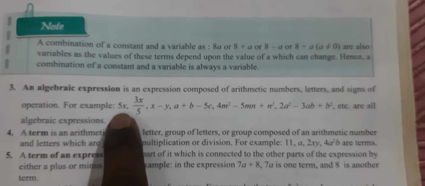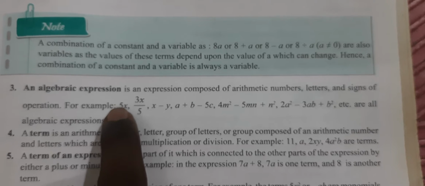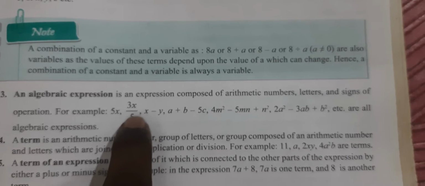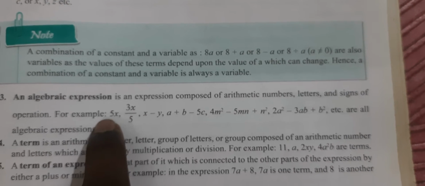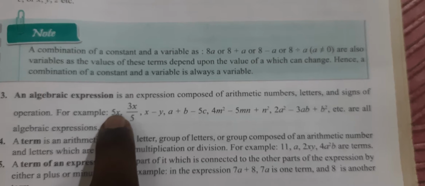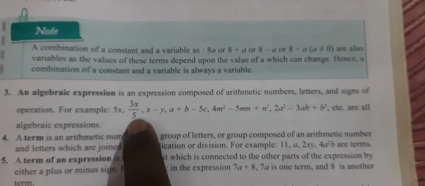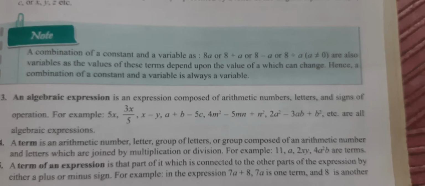For example, 5x is an algebraic expression. It is composed of the constant 5 and variable x. 3x divided by 5. Between 3 and x, and over here also in between 5 and x, no symbol is there, means multiplication symbol is there. And of course here divided by 5, 5 is written in the denominator, 5 means here divided by 5.